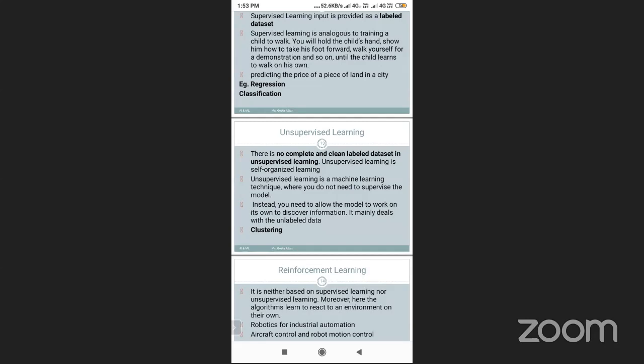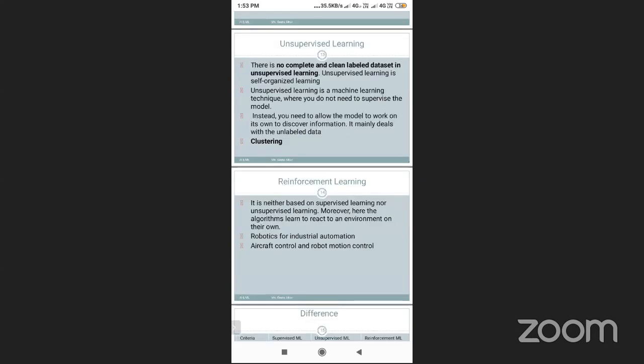Next is reinforcement learning, which is the third type of machine learning. Reinforcement learning is neither supervised nor unsupervised learning. These algorithms react directly to the environment on their own. They are trained in such a way that there is no need for supervision of the machine. Examples include robotics in industrial automation, aircraft control, and robot motion control.